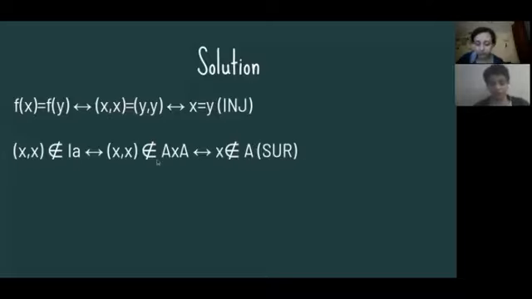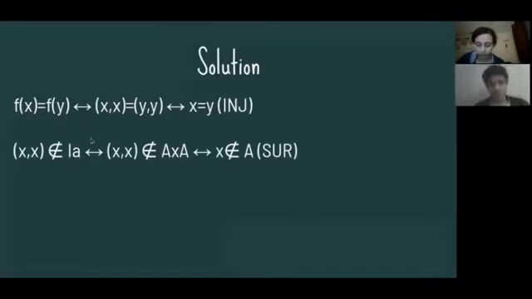However, if you notice here, we said that since x, x does not belong to I of A, then x, x does not belong to A cross A, even though I know that I is just a subclass of A cross A. And the reason is that I know that I of A is a bijective function. So this first implication would not have worked unless I of A is a bijective function.